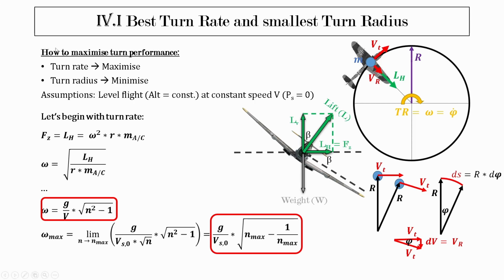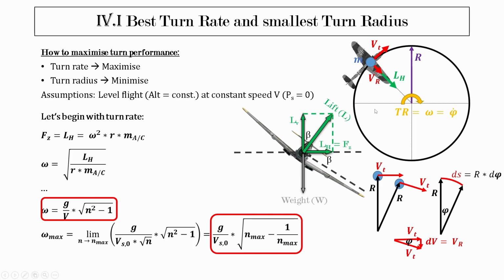Okay, but before we get into it, what does maximizing turn performance actually mean? In order to maximize our turn performance, we have two quantities to optimize: 1, radius, and 2, turn rate. Depending on what fight we are in, we would look at either of the two and try to maximize that.